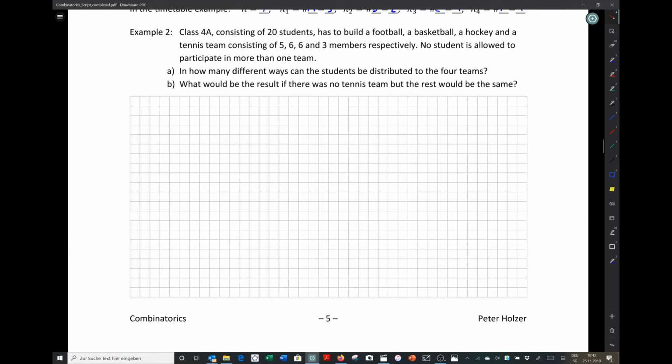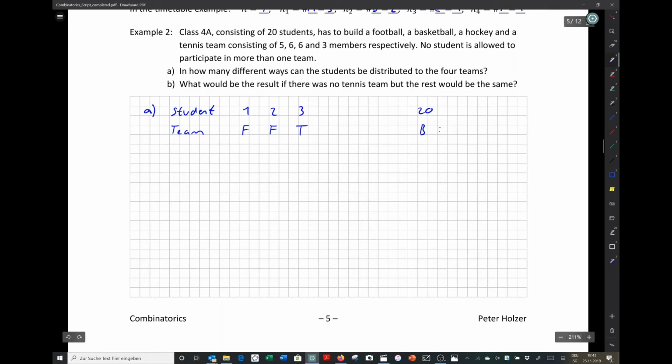That's the question A. Let us enumerate the students as 1 to 20, and then note what team they are assigned to. So for example, student 1 plays football, student 2 plays football as well, student 3 plays tennis, and student 20 in the end has to play basketball.